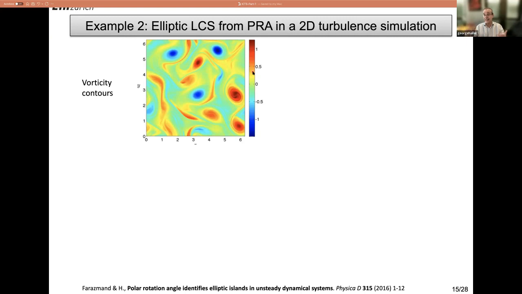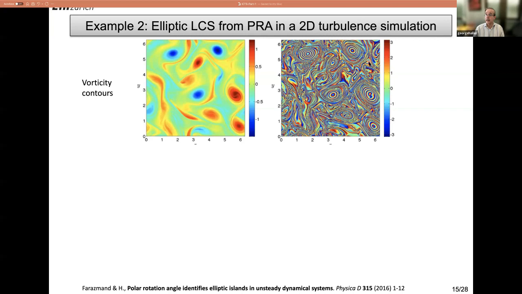But vorticity is just an instantaneous scalar distribution. It doesn't quite tell you which one of these regions really captures material and carries it without breaking it up, because that's the question. And when you run the PRA, this is what you get. Very clearly delineated concentric closed curves. And the outermost you can use to define the boundary of a material vortex.